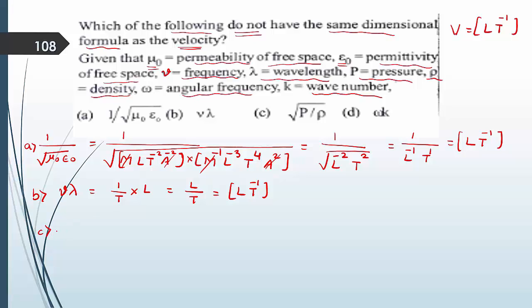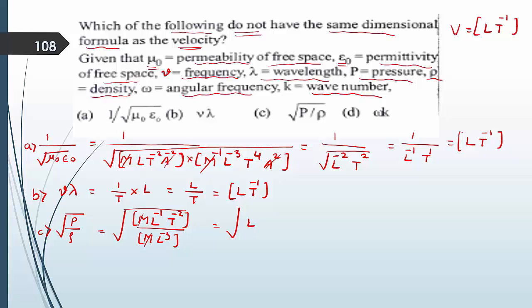Come to option C, root of pressure divided by density. Yes, pressure divided by density. Pressure dimension is m L raised to minus 1 t raised to minus 2 divided by m L raised to minus 3, this is for density and for pressure. Now we will get the answer as root of, here m and m will get cancelled.